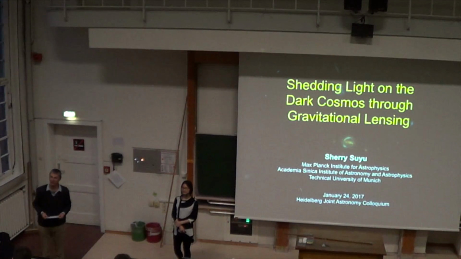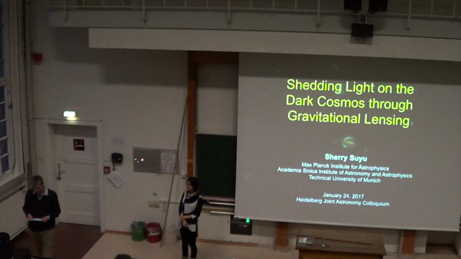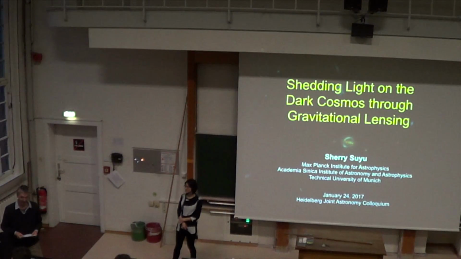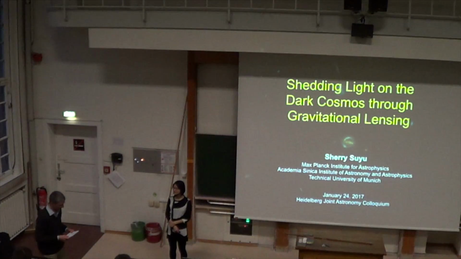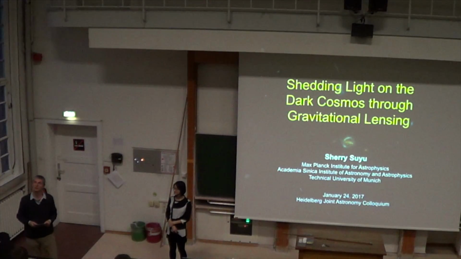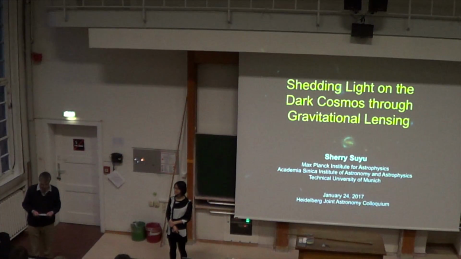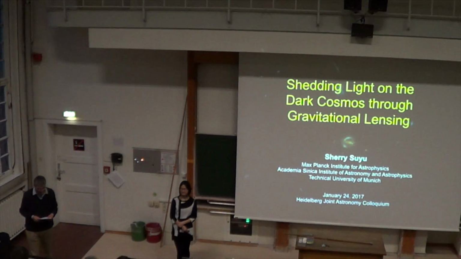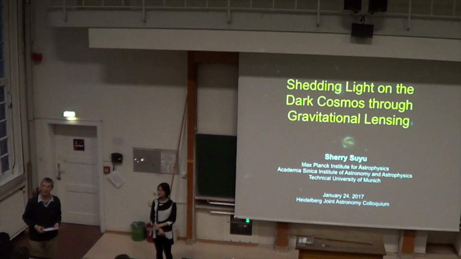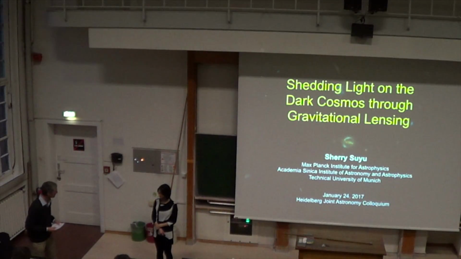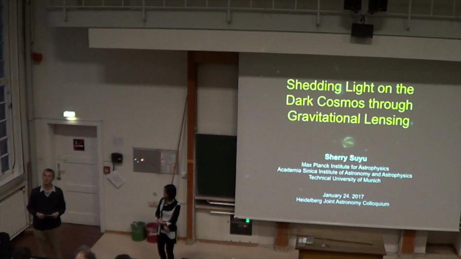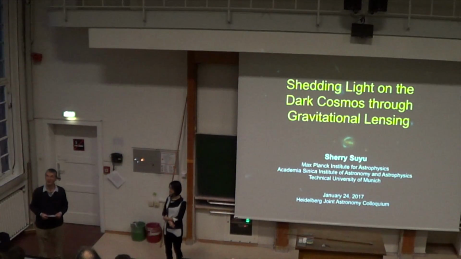Before we start, a few words on Sherry's CV as a scientist. She started at Queen's University in Canada with a bachelor's, then she moved further south to California, to Caltech, where she received her PhD in 2008. Then she went to Germany, to the Argelander Institute in Bonn. From there, she moved back to California, to Santa Barbara.